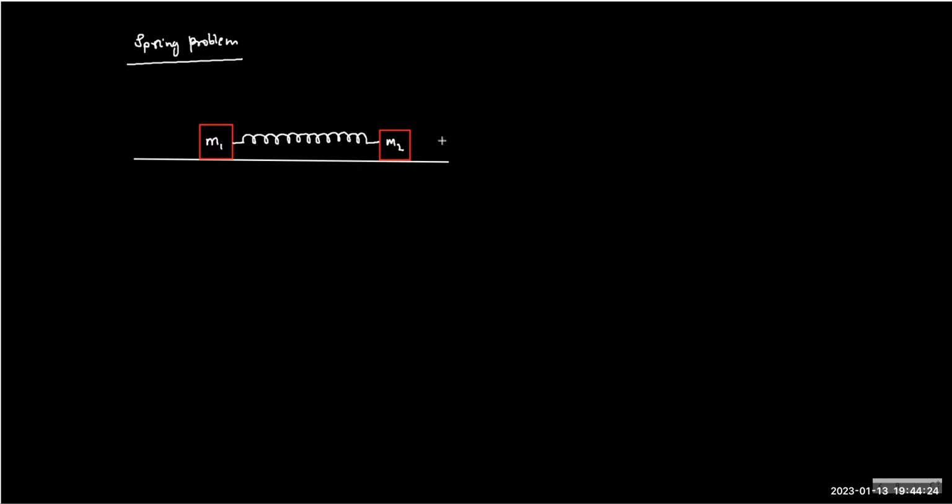If I apply force here, I cannot say that M1 and M2 will have the same acceleration.